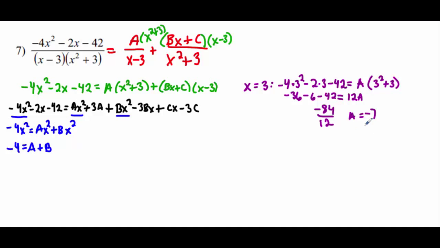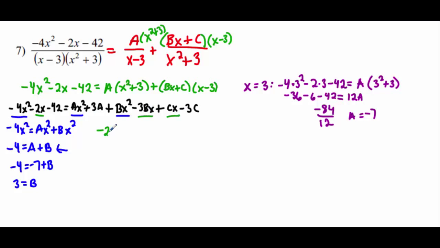Since we already know what a is, we can plug that in: negative 7 plus b, add 7 to both sides and get that b is 3. If we didn't know what a was, then we'd have to shelf this to use with our system of equations that's showing up here.